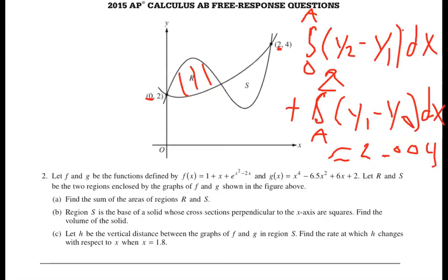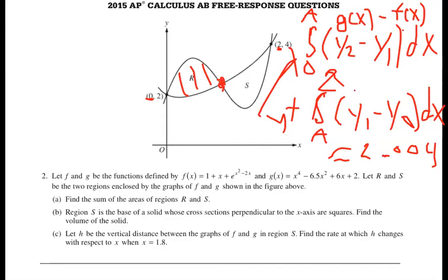Now you're going to get 1 point for finding this ordered pair that we found first. You get a second point for writing down the integrals. When you write down this part about the integrals, you should use g of x in the formula, because unless you tell the person what y sub 1 and y sub 2 are, what I wrote down was what you plug into your calculator.